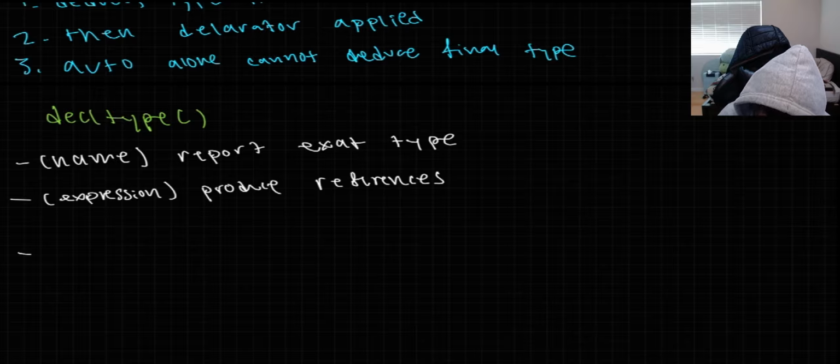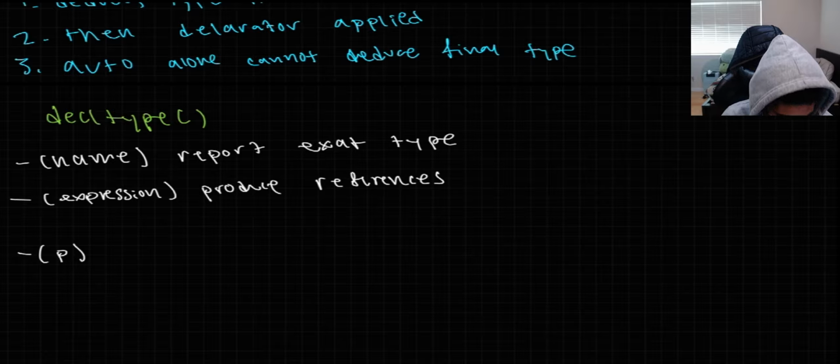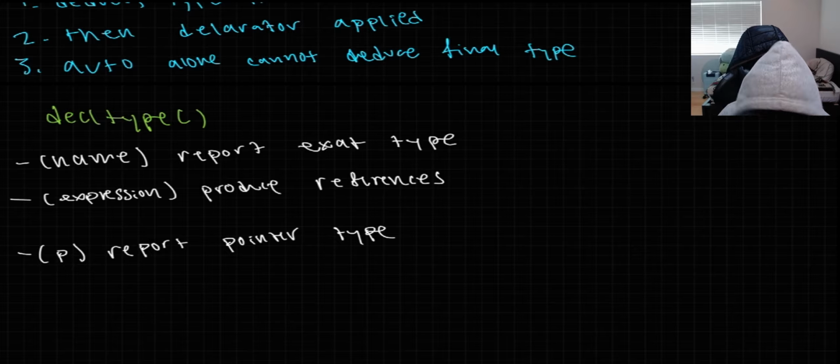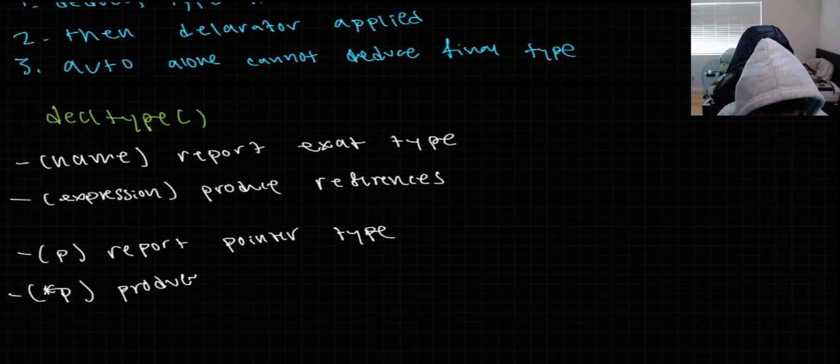So in the event that we have a pointer inside here, this would just be a pointer type. So this would report the pointer type. And in the event we have a dereferenced pointer, this is the same as an expression. So it produces a reference.